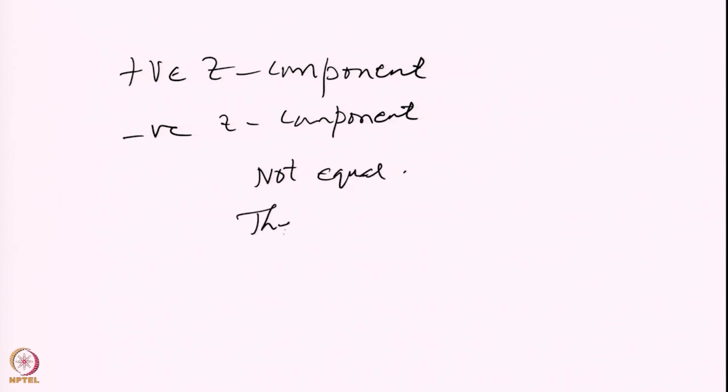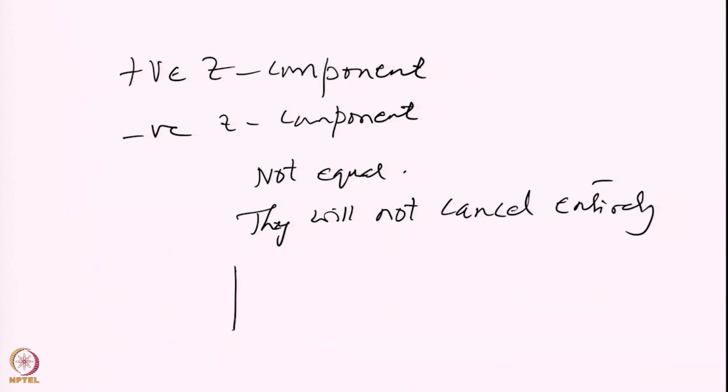Therefore, they will not cancel entirely. As a result, there will be a net magnetization, a net component along the z axis. So, we will represent this as this thick arrow here. This we call the equilibrium magnetization.